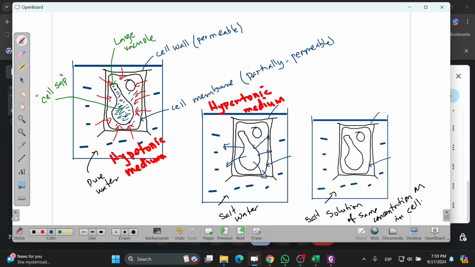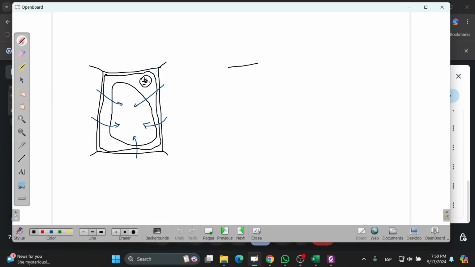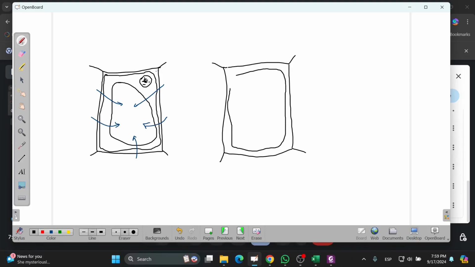Water will move out of the cell. And what will happen to that cell? That cell will look like this. The cell wall is rigid, it will not change, right? Because it is rigid. However, since the cell was losing water, the cell membrane would detach from the cell wall, right? Will move away from the cell wall, and the vacuole would have shrunk like that, right?